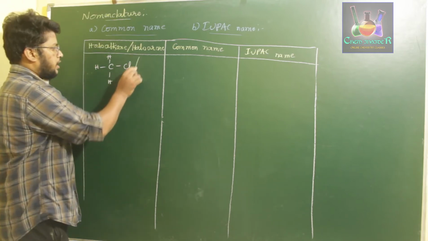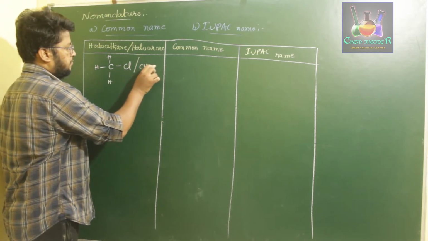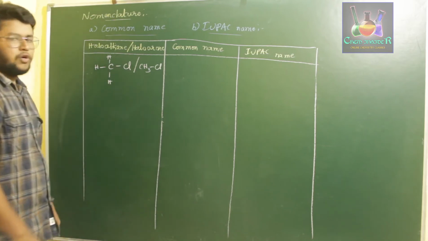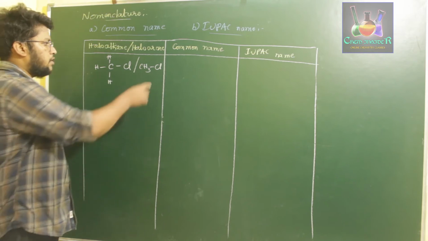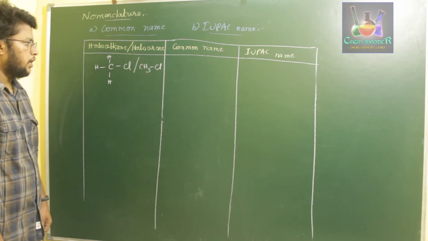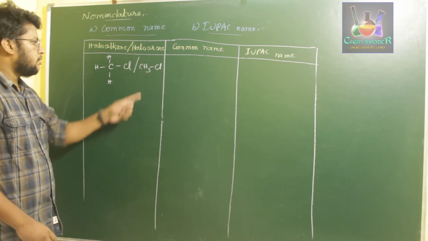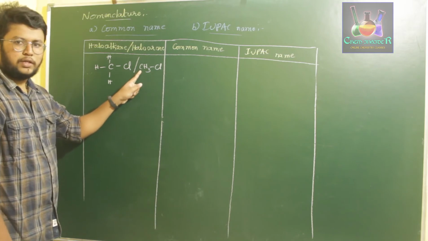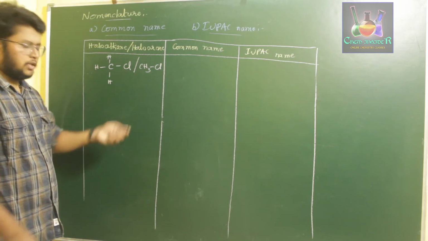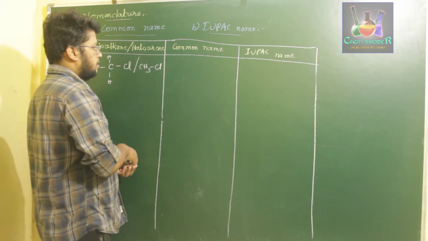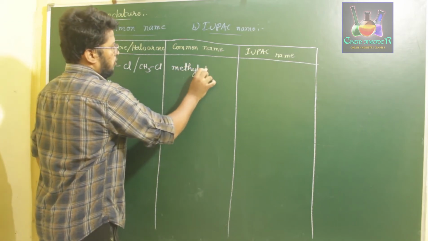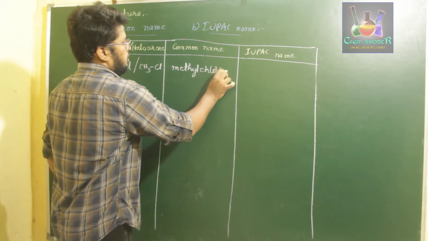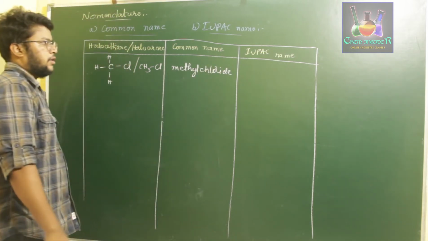This can also be written as CH3Cl. For the common name, we consider alkyl halide. The halogen present is a chlorine atom, therefore chloride. The number of carbon atoms present is 1, so for 1 we have methane. So this compound is named methyl chloride under common name.